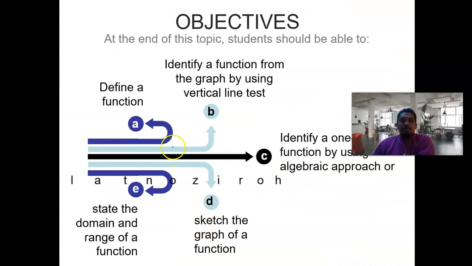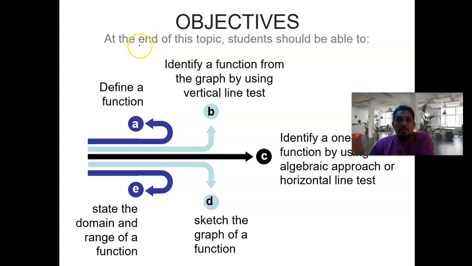Okay, so the objective of this topic, at the end, students should be able to define a function, give a definition of function, and identify a function from the graph using the vertical line test, and state the domain and range of a function. So class, for this topic, we will look into a function when we have x-axis and y-axis.